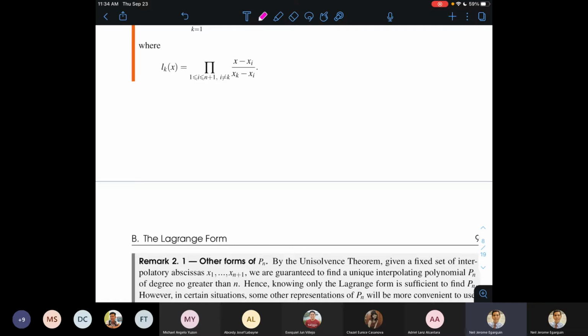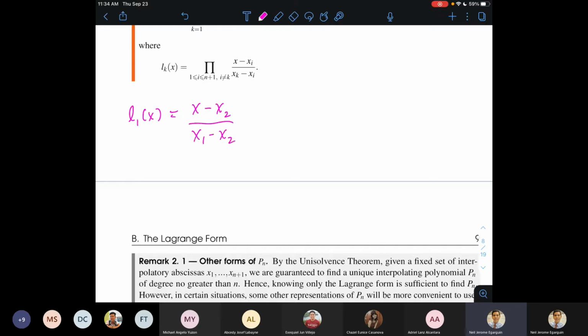Now, maybe it's a little bit tricky to devise the Lagrange basis polynomial, but essentially if you're going for L1 of x, you just take the product of fractions. They are still polynomials, but they are fractions. They are of the form, since we are getting L1, the first Lagrange basis polynomial, it means I cannot have x minus x1 in these factors. So I'm going to start with x minus x2 all over x1 minus x2.